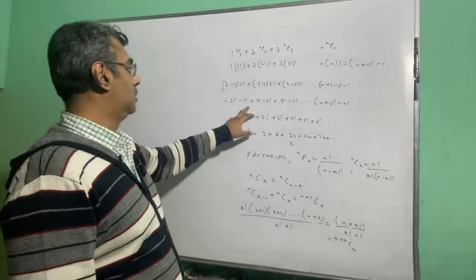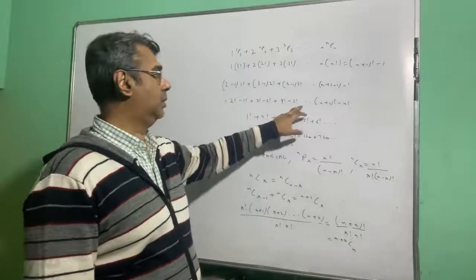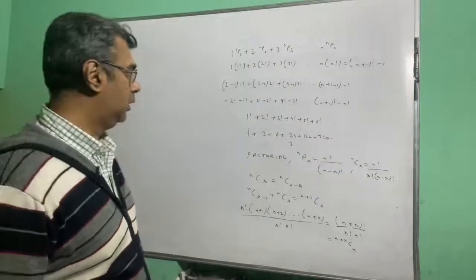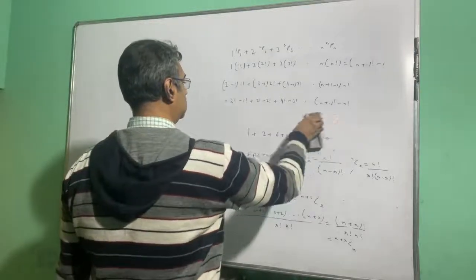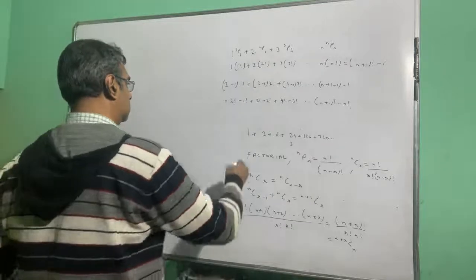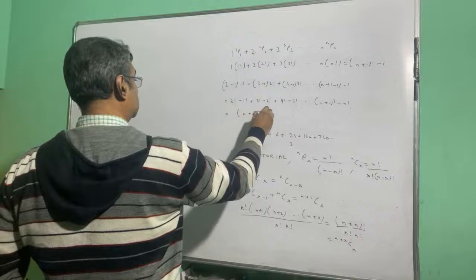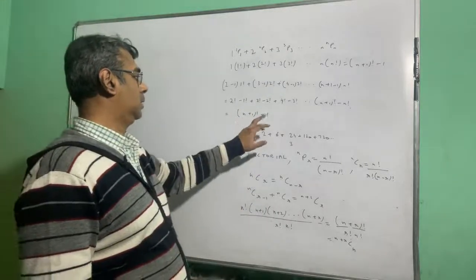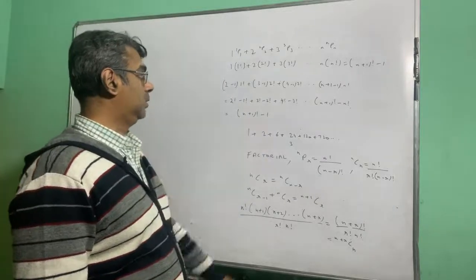Everything cancels, so this is n plus 1 factorial minus 1, that is the answer.